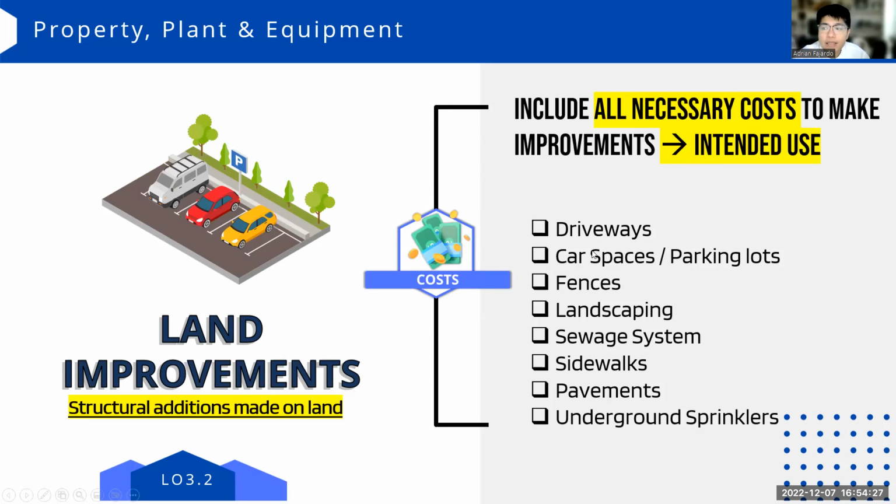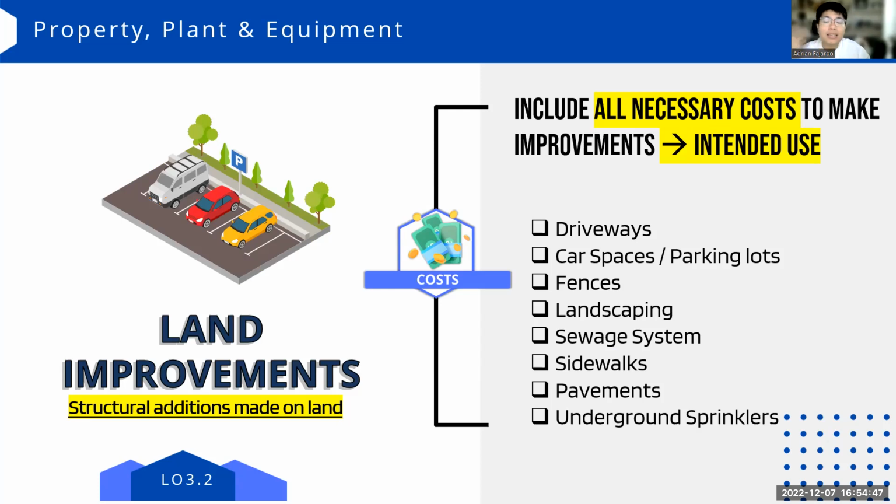So driveways, car spaces, fences, landscaping, sewage systems, sidewalks, pavements, underground sprinklers, all of these are structural additions. Compared to when you just did landfill, grading, land survey, or just assessed the land.